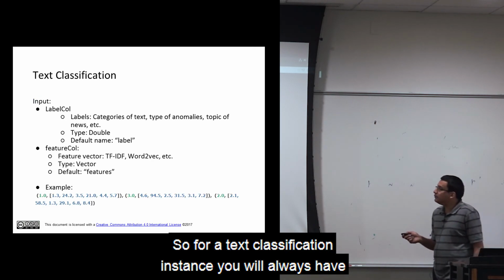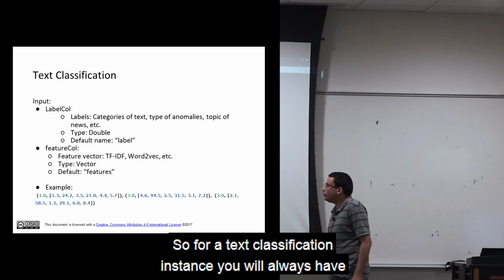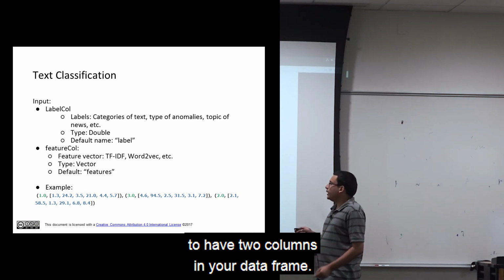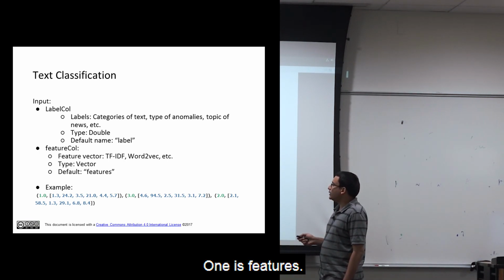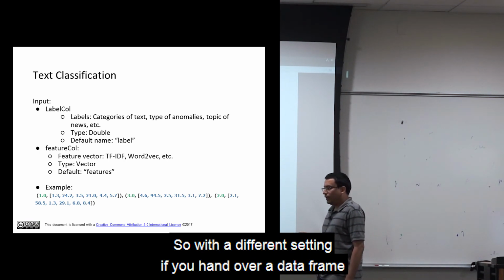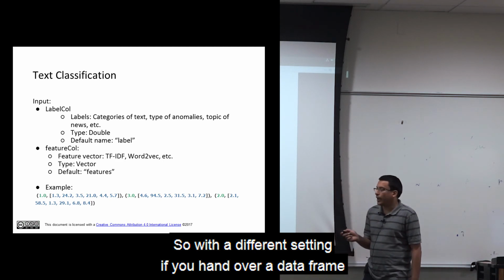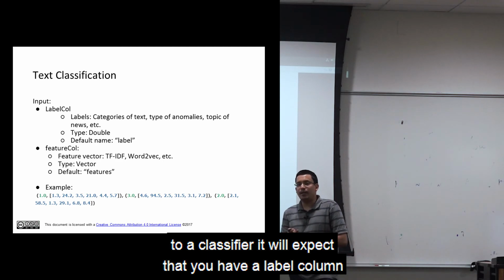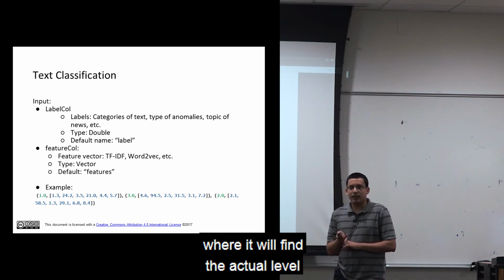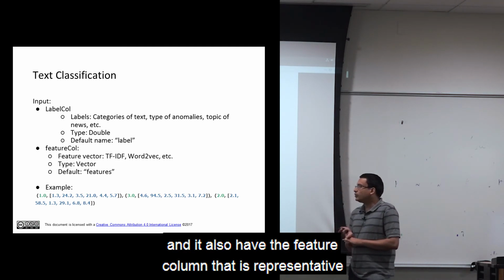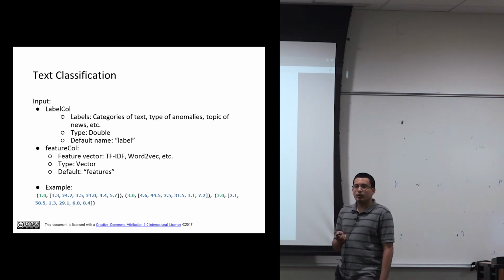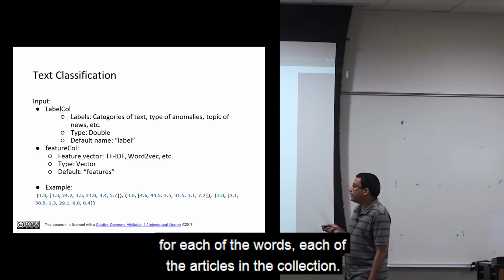For a text classification instance, you will always need 2 columns in your data frame. One is label, one is features. With the default setting, if you hand over a data frame to a classifier, it will expect a label column where it will find the actual label, and also a feature column that is representative of each of the documents in the collection.